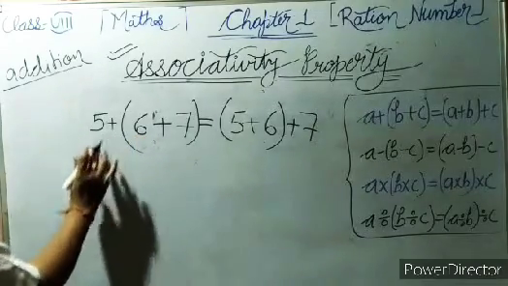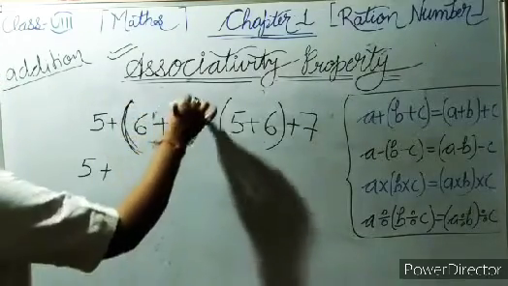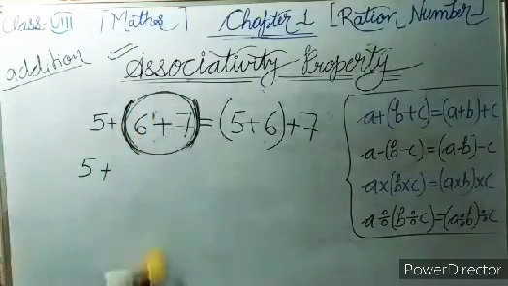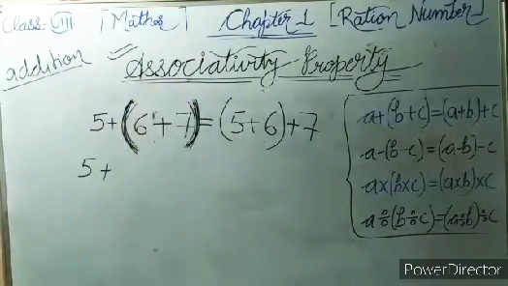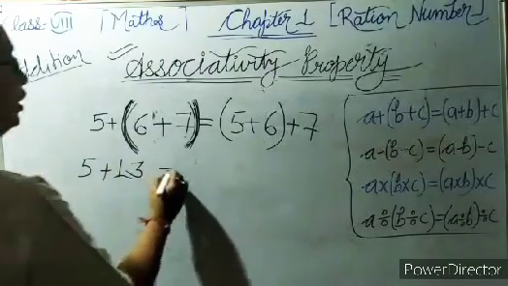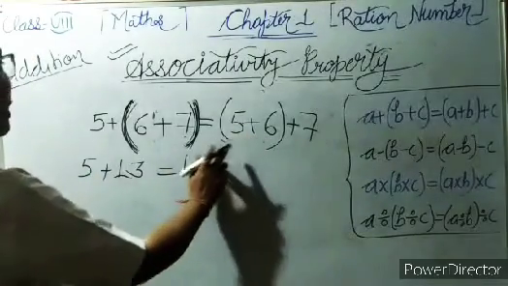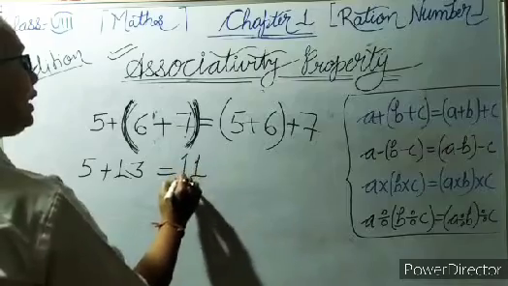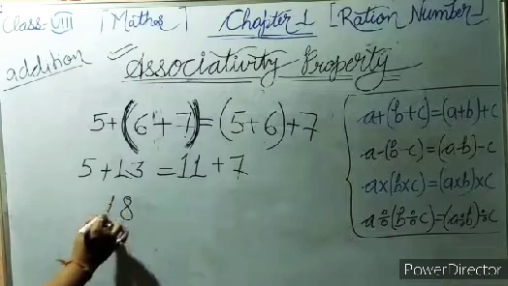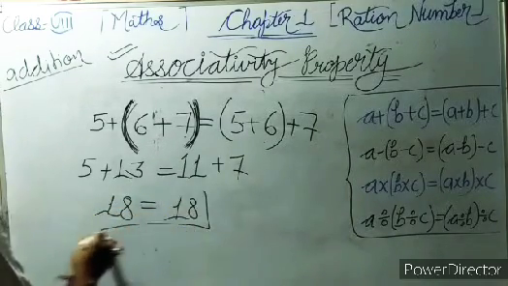We write plus 5 simply, and we solve this bracket first. What is the meaning of this bracket? It means solve the bracket first. So 6 plus 7 is 13, plus 5 is 18. Here 5 plus 6 is 11, plus 7 is 18.